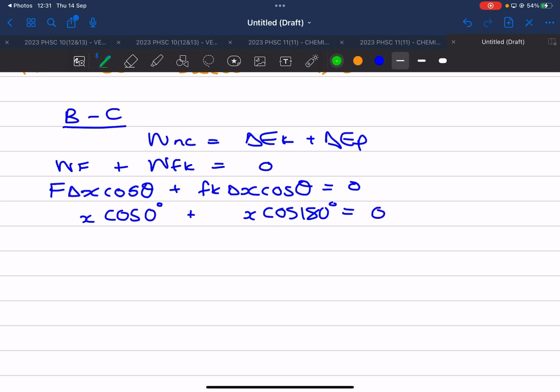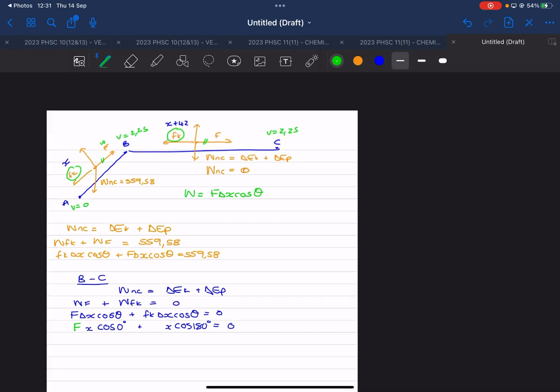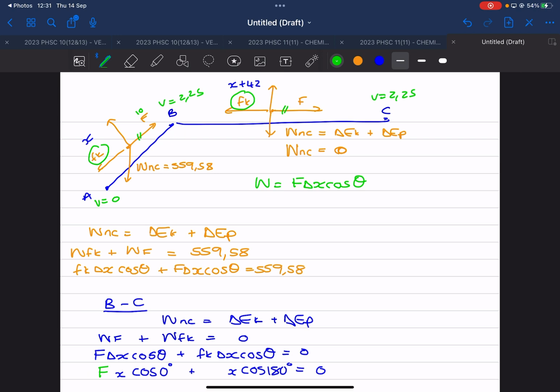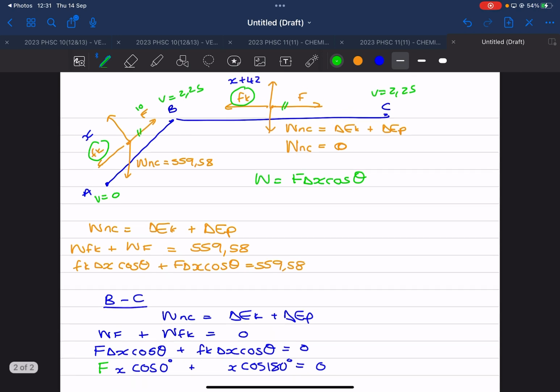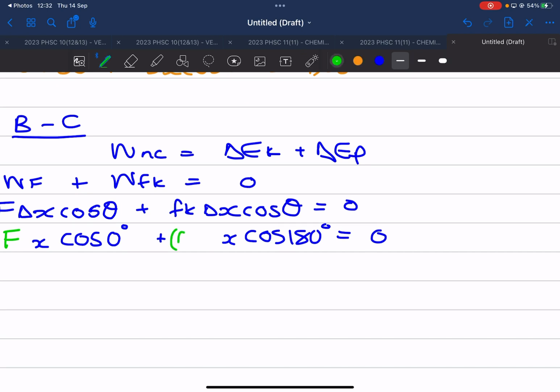Okay. F, I'm going to keep F, because I say the constant force F. Okay, and we know Fk is this Fk plus 42. So ek gaan daar skryf Fk plus 42.